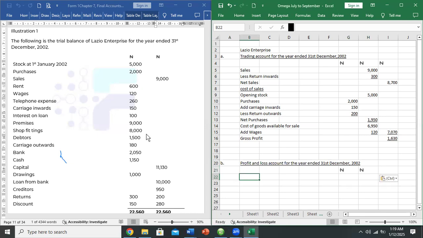And per the discussions we had, you begin with the gross profit, or if it's a loss in the trading account, that gross profit or loss is the first item in your profit and loss account. In this case, it was a gross profit, so we bring down the gross profit, 1,630.